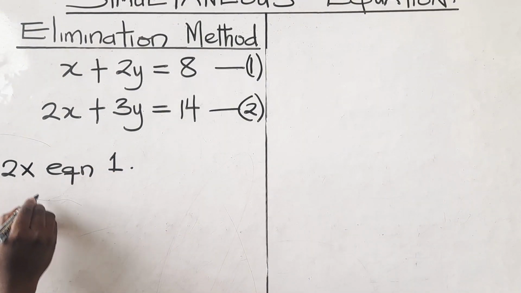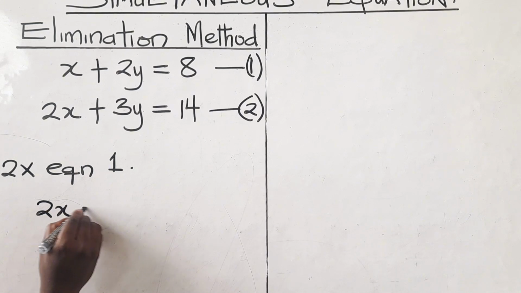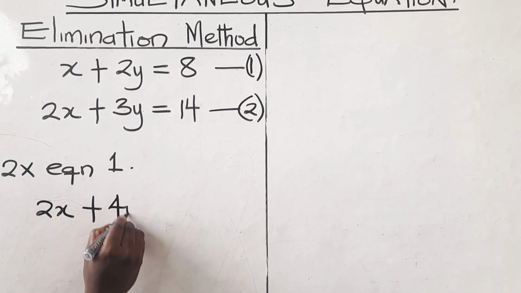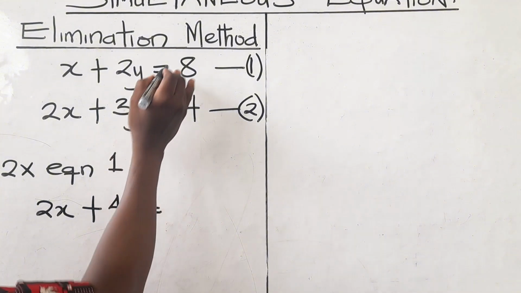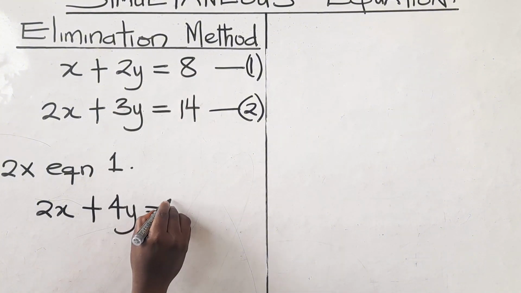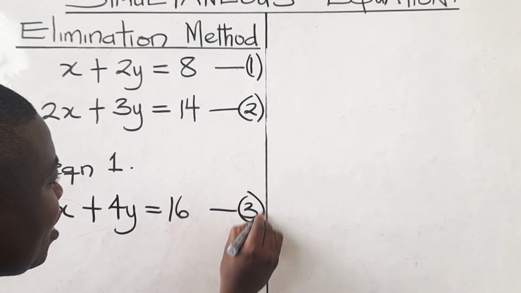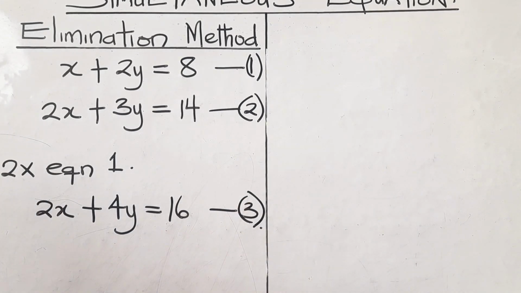So it becomes 2 times x, 2x, plus 2 times 2y, 4y, equal to 2 times 8, 16. This makes it our equation 3. Now, why did we multiply that by 2?